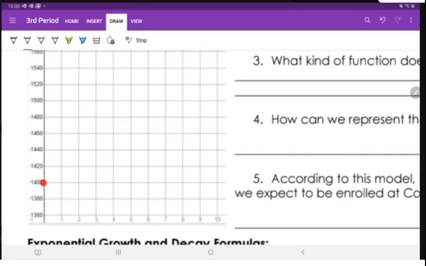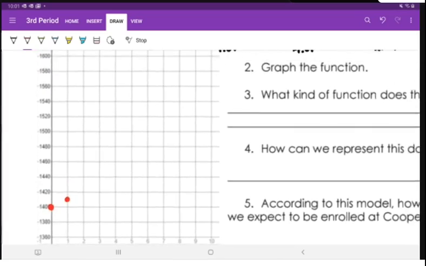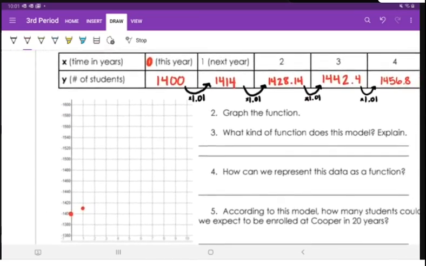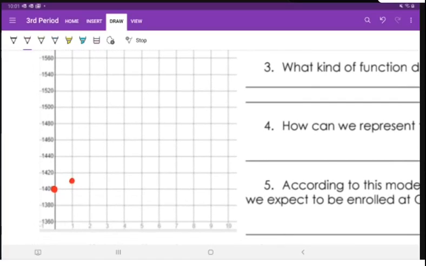So that'll be about here. So a little bit higher than halfway through between those 2 points. Then 2, 1428.